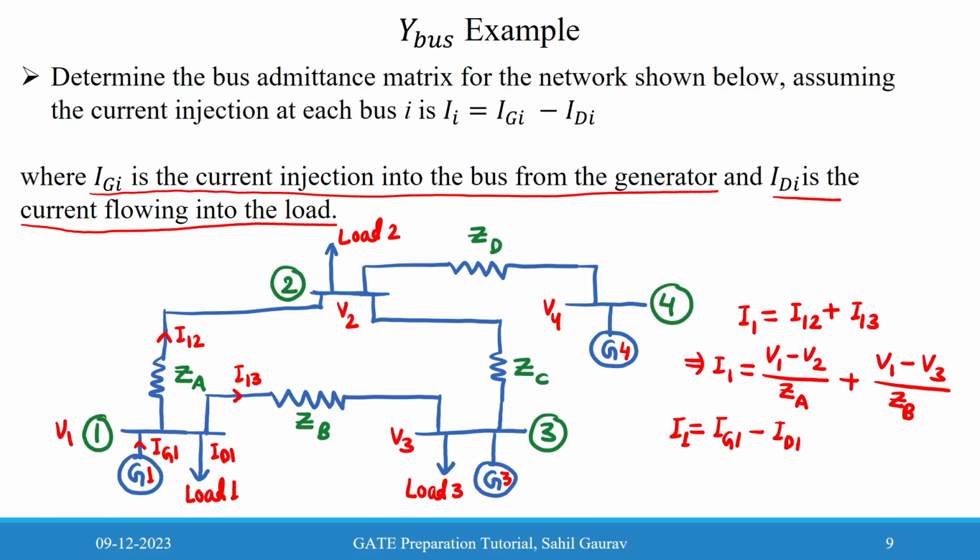Sir, is the load present outside this network? ZA, ZB, Z3 are loads, load 1 or load 3. Yes, that is the demand at those buses, the load demand, the power demand at these buses.